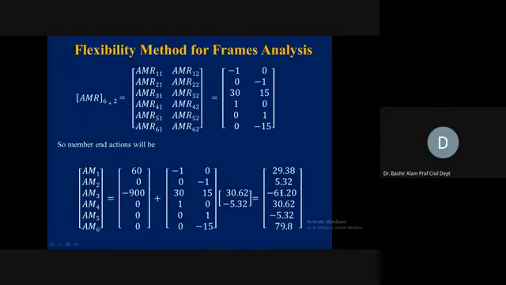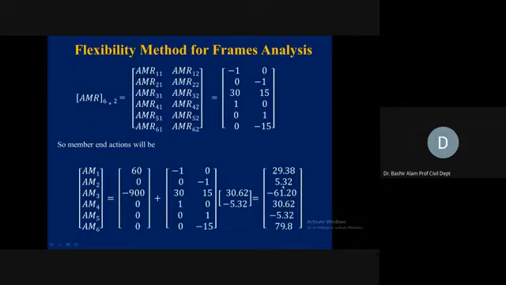And now, once you have found these member end forces for AB, you don't need to do it for BC. You don't have the time. Already you found the values. So from equilibrium, you can find out the end forces for BC from AB.